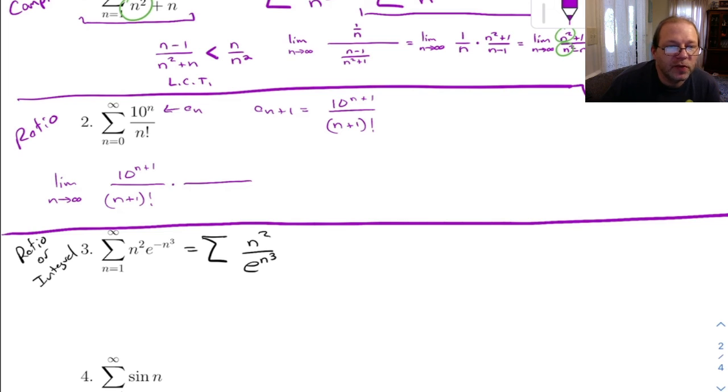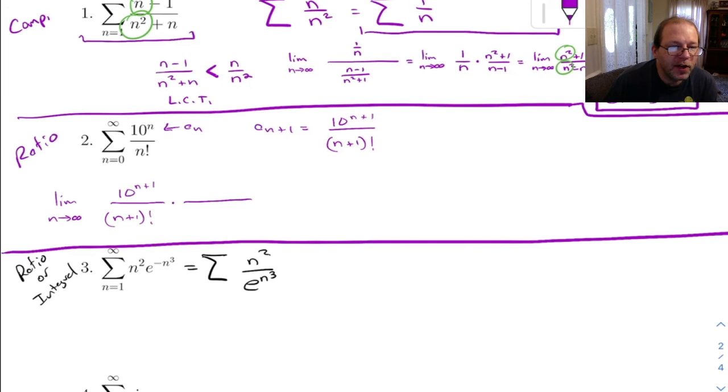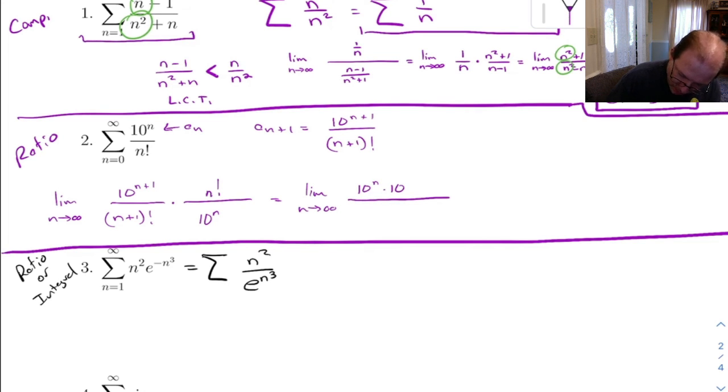All right, so we've got 10 to the n plus 1 over n plus 1 factorial. That's the n plus 1 term. Then we'll divide by the nth term. So that'll be n factorial over 10 to the n. And I'm going to unroll some of this stuff. Rather, this gets rewritten as 10 to the n times 10. N plus 1 factorial gets rewritten as n plus 1 times n factorial.